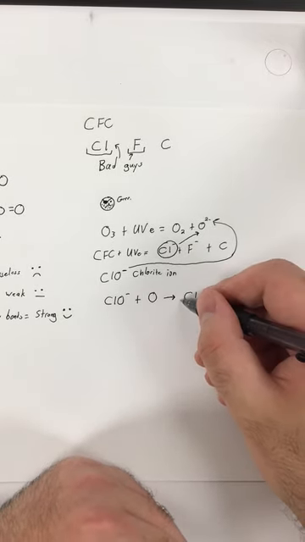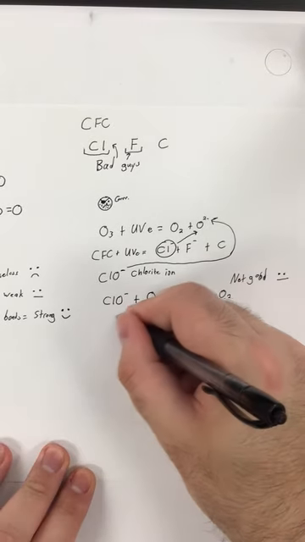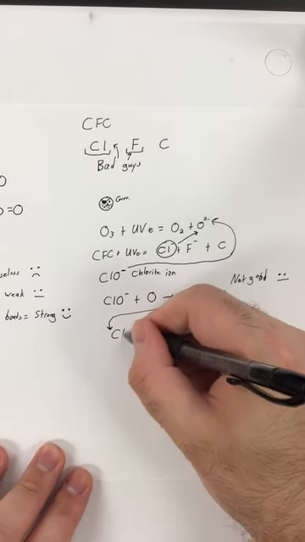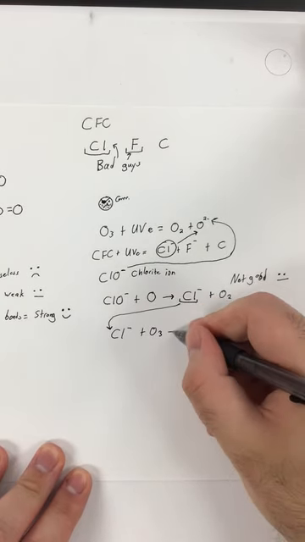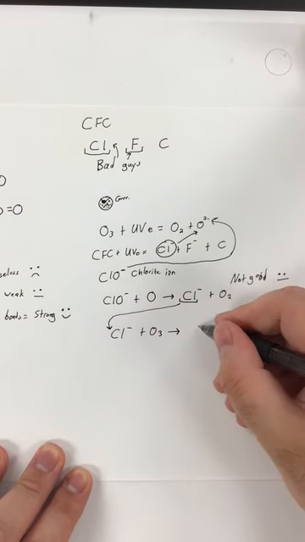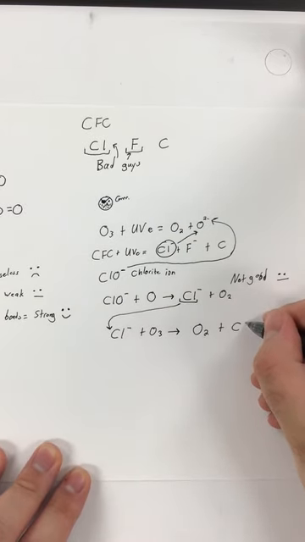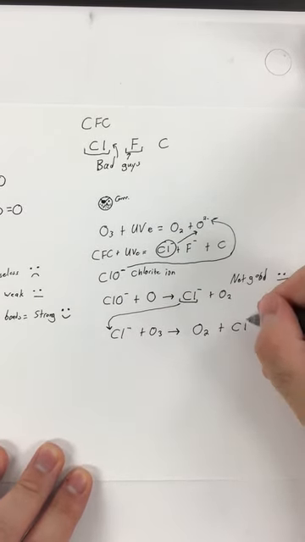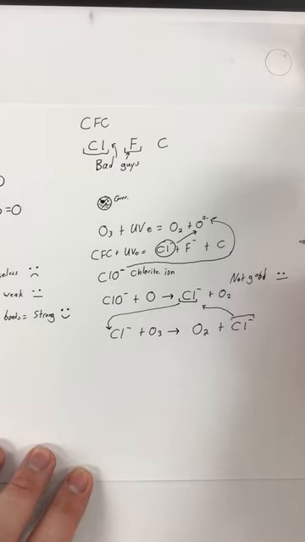Also, you have now recreated this original chlorine ion, which will go, and you end up with chlorine plus ozone, which will decompose ozone and create diatomic oxygen and another chlorine ion, which will then loop back and begin the entire process over again.